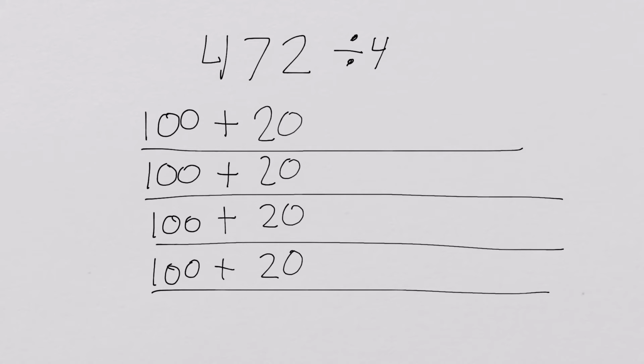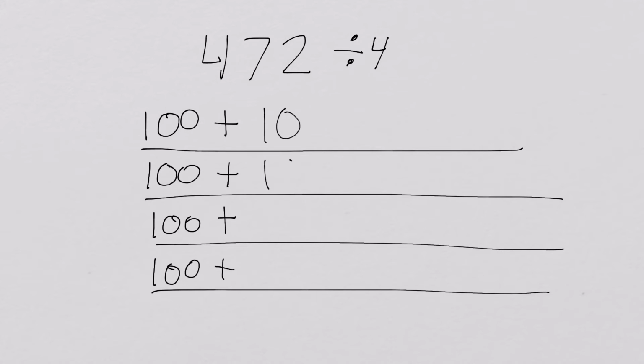Think to yourself why we can't do that. Why can't I give 20 to each group? Hopefully you're thinking, well, it's because we only have 7 tens, and 80 would mean we would need 8 tens, but we don't have 8 tens, we have 7. So we have to give just 10.